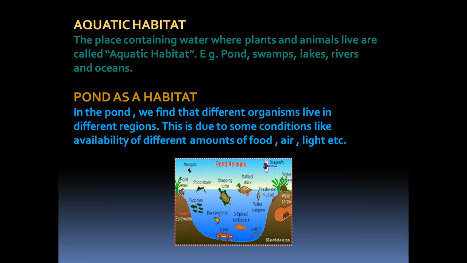In the pond, we find that different organisms live in different regions. This is due to some conditions like availability of different amounts of food, air, light, etc. You can see the picture here, children, the pond animals. So, let us learn in detail about these pond animals.